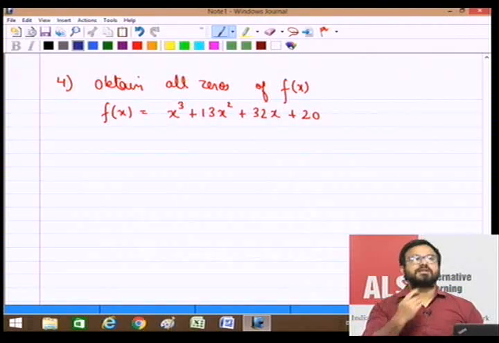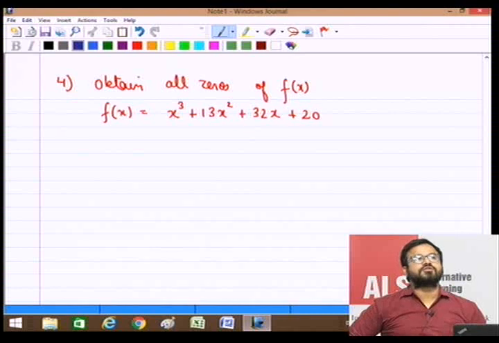What are the other zeros? Senapati, it will have three zeros. It's a cubic. It will have three zeros. Find the other zeros also.